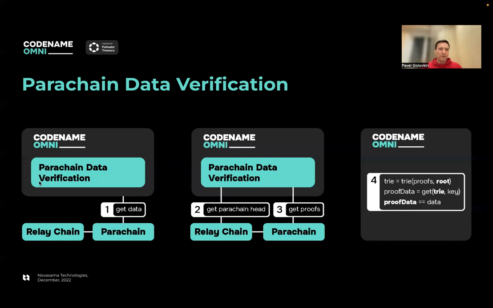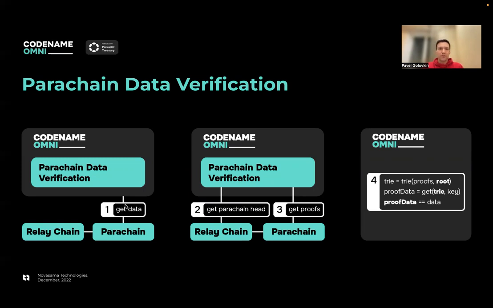We have the Omni application, and inside it we have a parachain data verification service that verifies the data that we get from the parachains. We have a relay chain and a parachain connected to it, and we get some data from the parachain using the RPC connection.